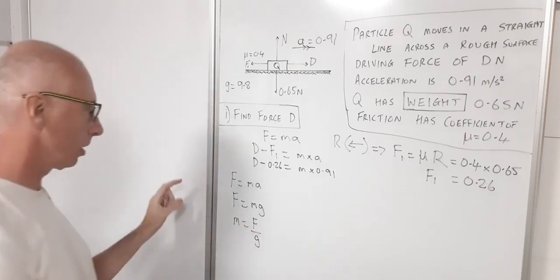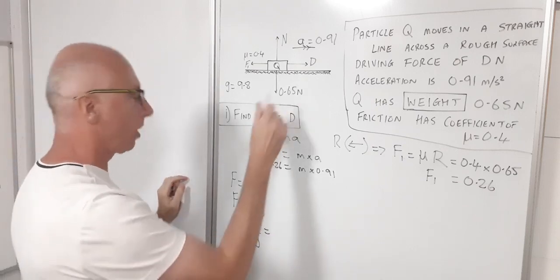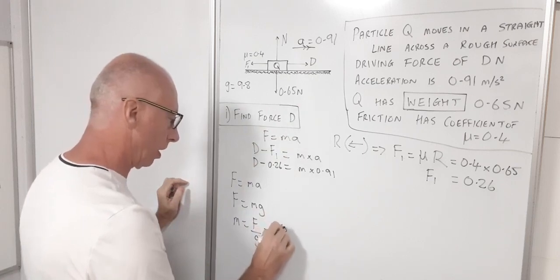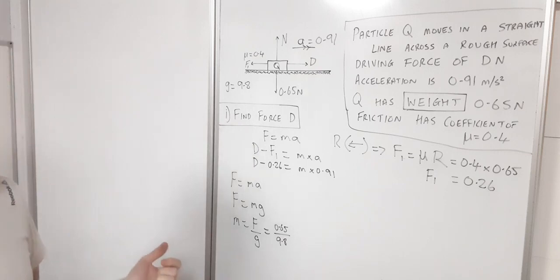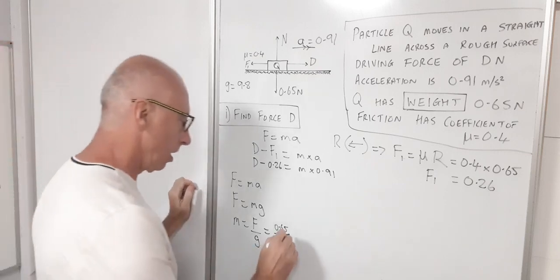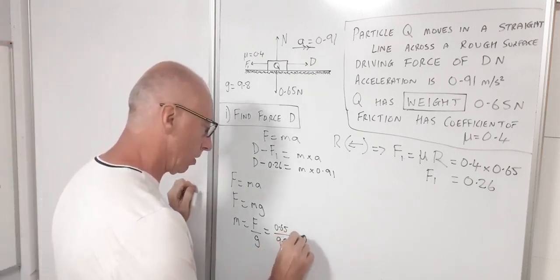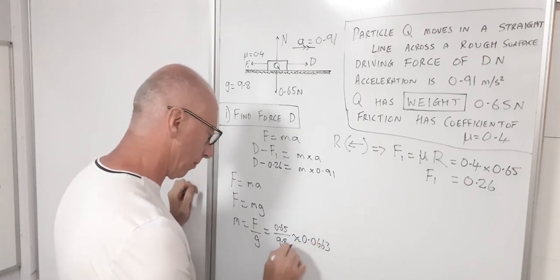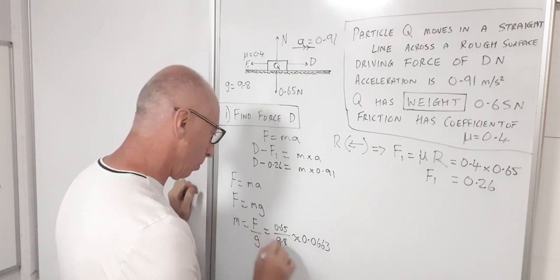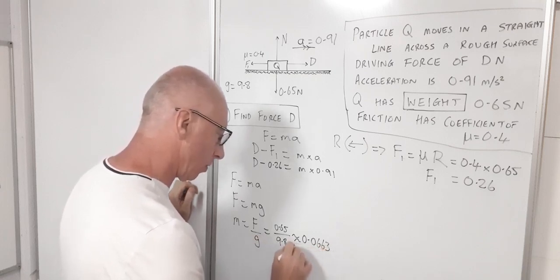The force acting on it is 0.65, gravitational constant 9.8. If we put that in our calculator, we get approximately 0.0663. So that's our approximation for our mass.